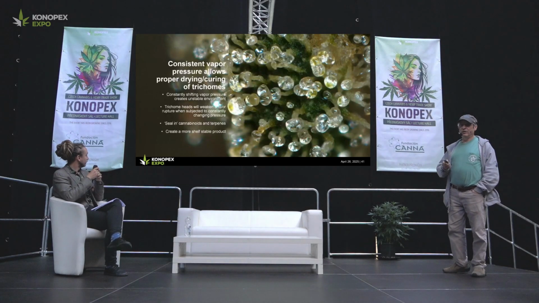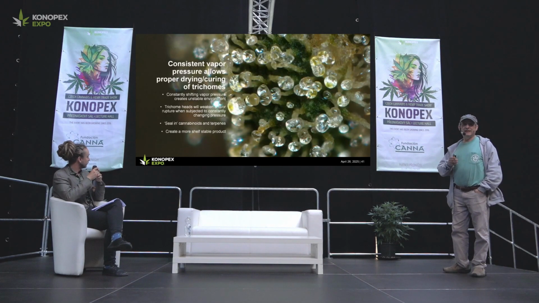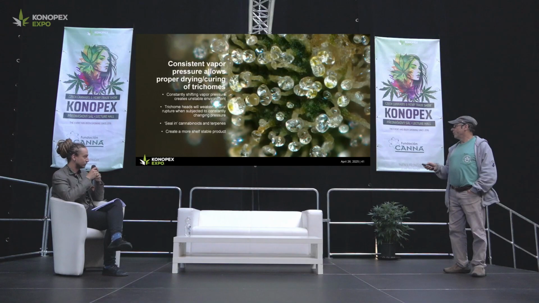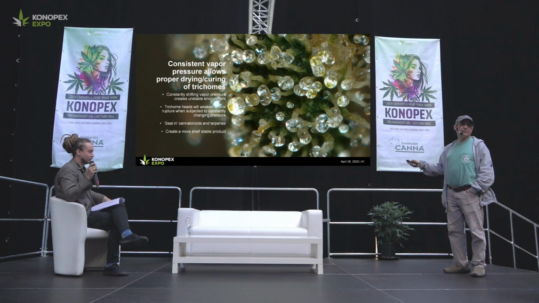Now, what we're learning is when you're maintaining a constant vapor pressure, we're preserving the trichomes. And that's the whole purpose of growing the plant. It's the trichomes where your THC, CBD, and terpenes are produced.